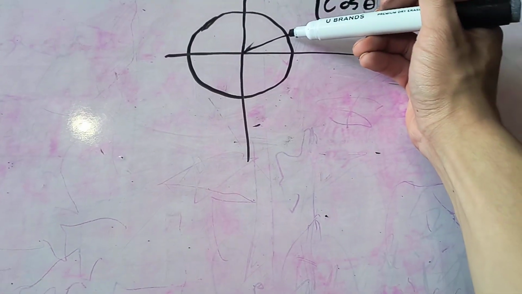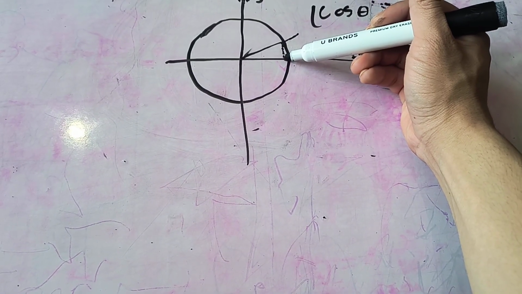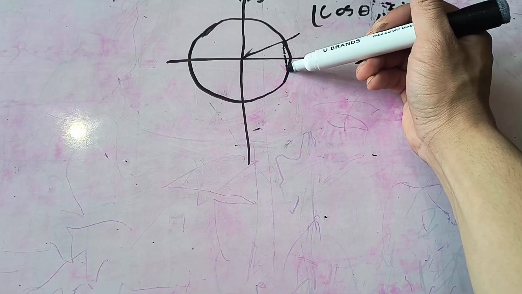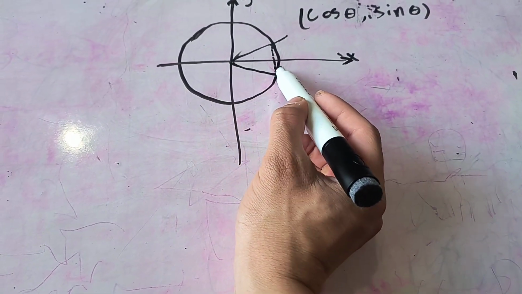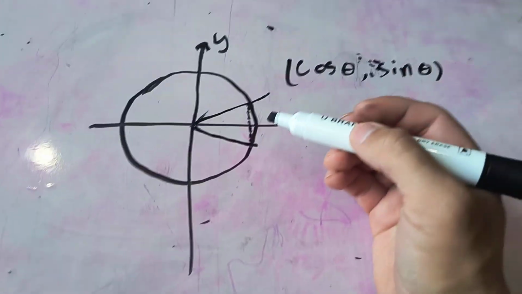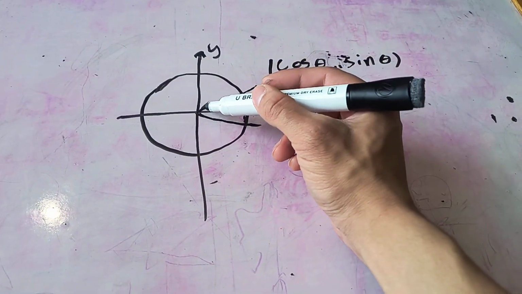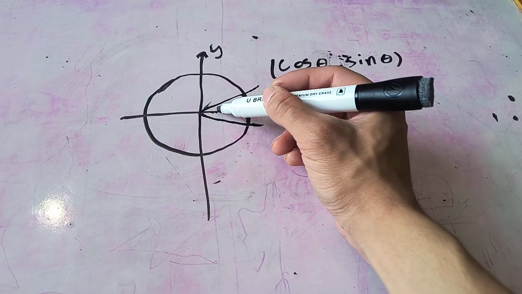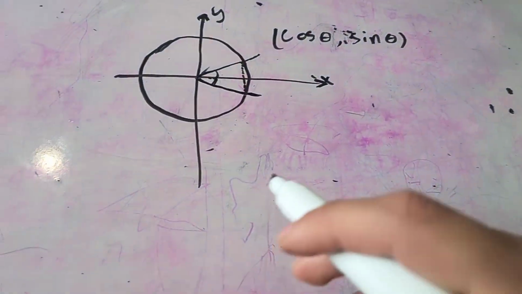But let's say I were to make a mirror image of this. So I make another angle right there. Pretend like I did it perfectly. So this angle is theta, and this angle right here is going to be negative theta.